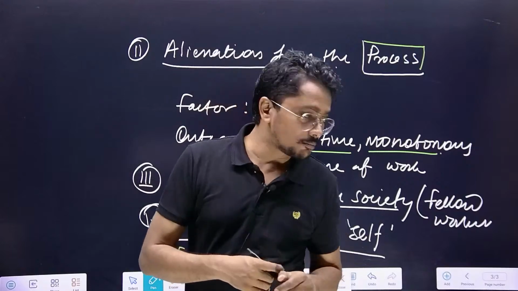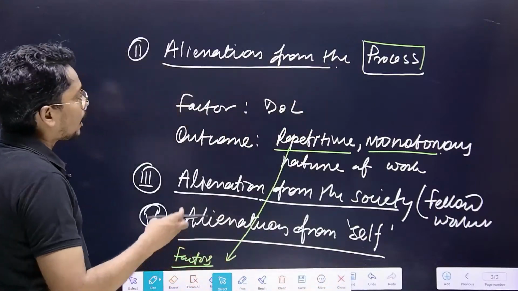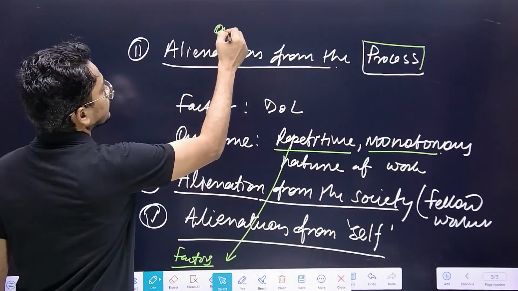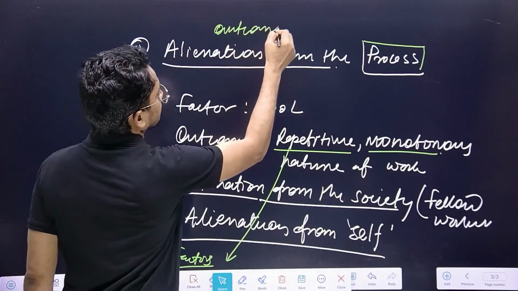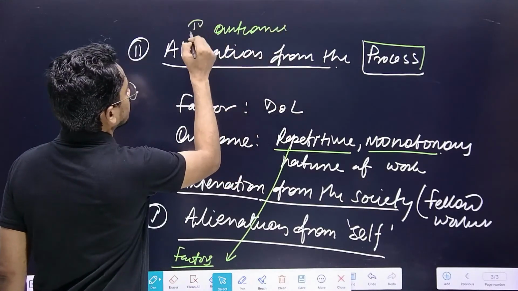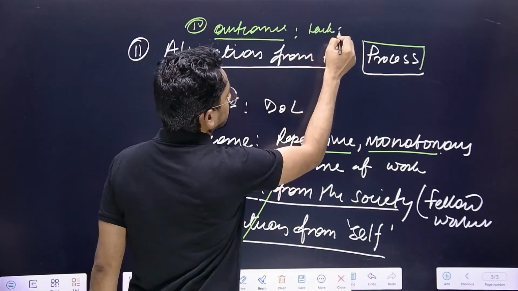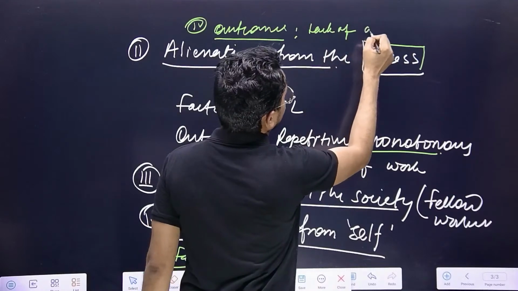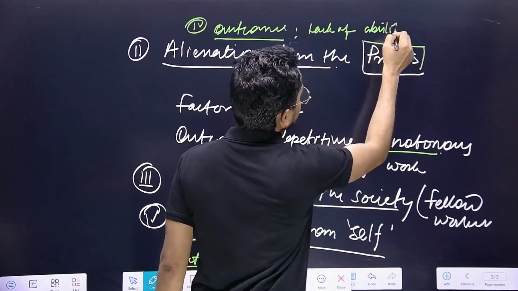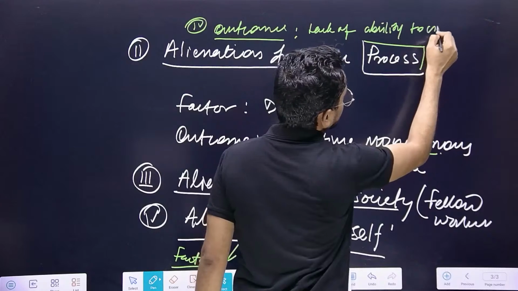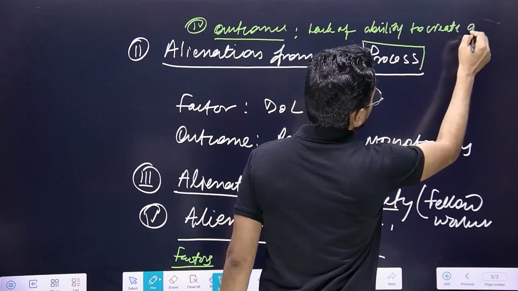So, what is the outcome? For point number 4, the outcome is lack of ability to create or innovate.